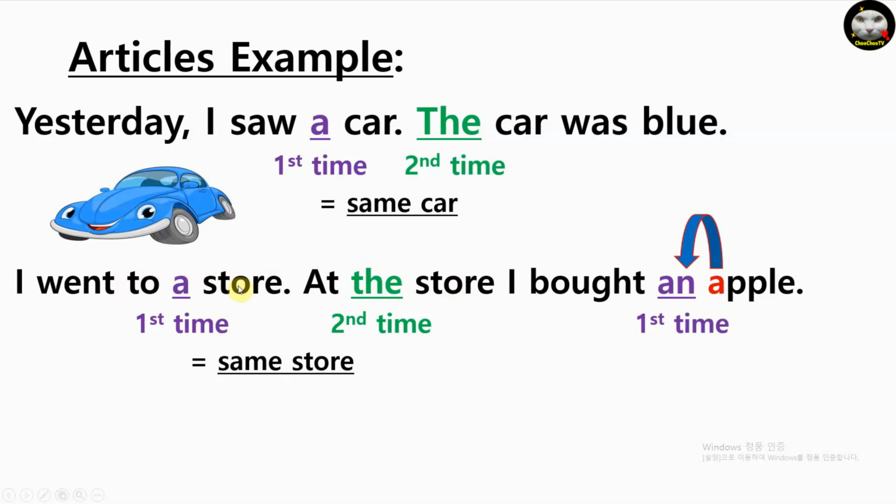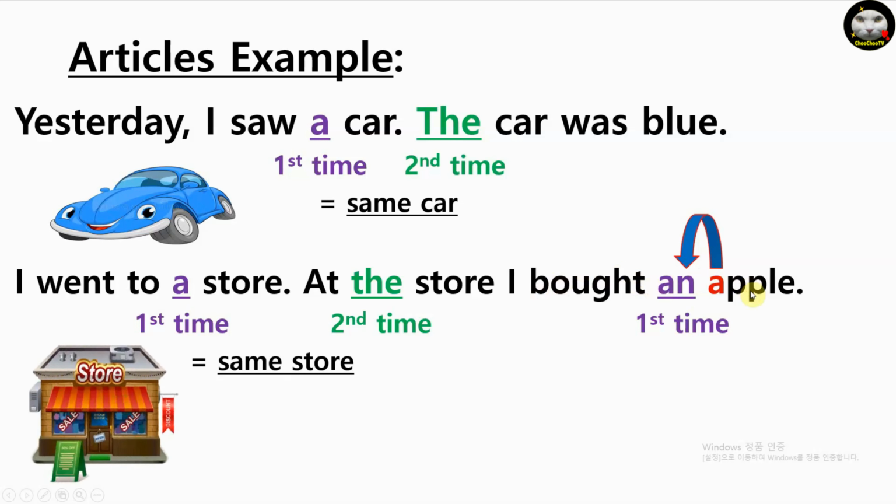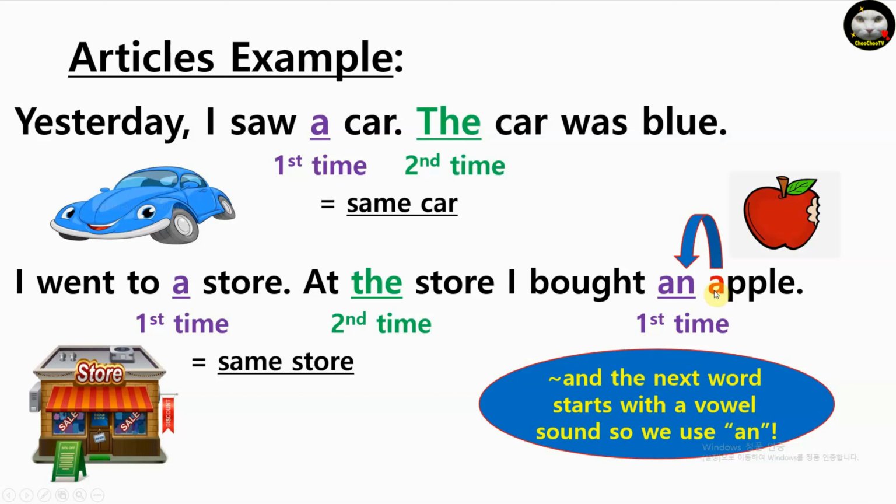So I went to a store. At the store, I bought an apple. Apple is the first time to see this noun. We apply a, but because apple begins with a vowel sound, we change a to an.